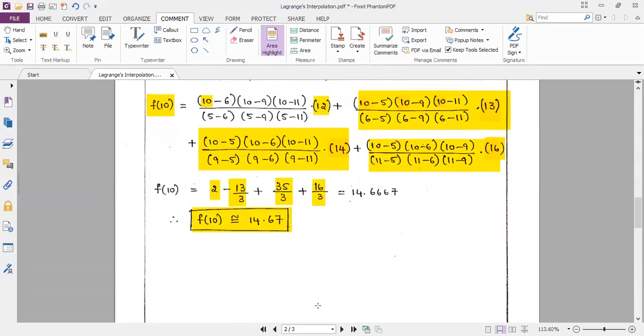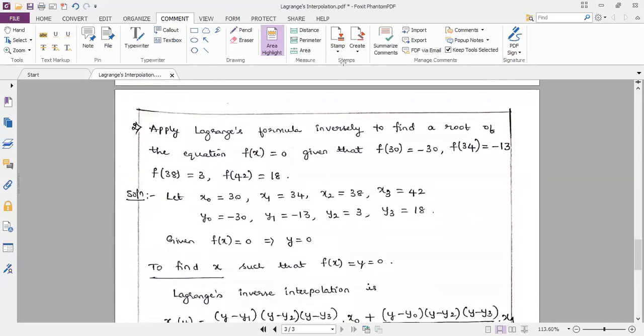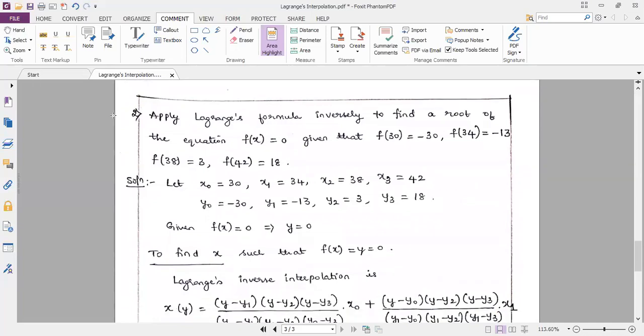We'll see another problem based on the inverse Lagrange interpolation formula. The question says, apply Lagrange's formula inversely to find a root of the equation f of x is equal to 0, given that f of 30 is equal to minus 30, f of 34 is equal to minus 13, f of 38 is equal to 3, and f of 42 is equal to 18.